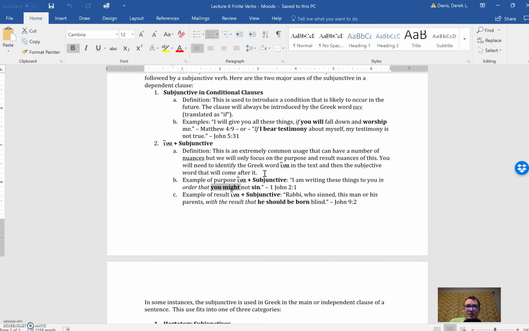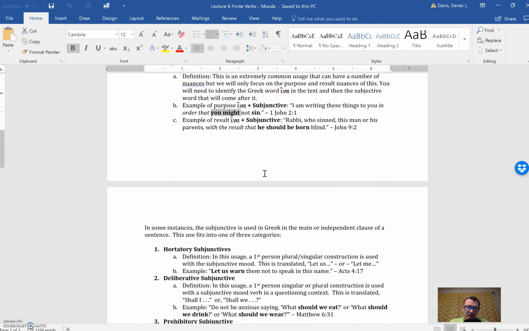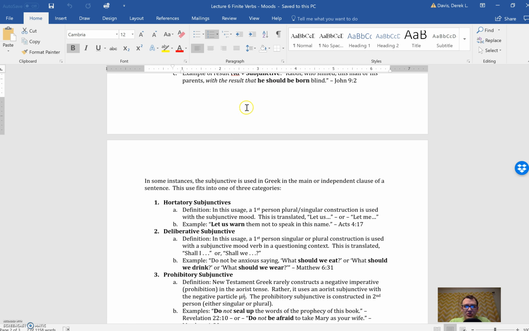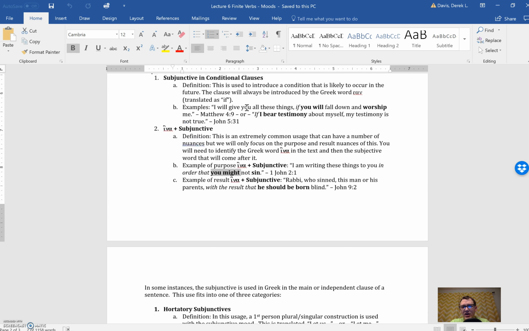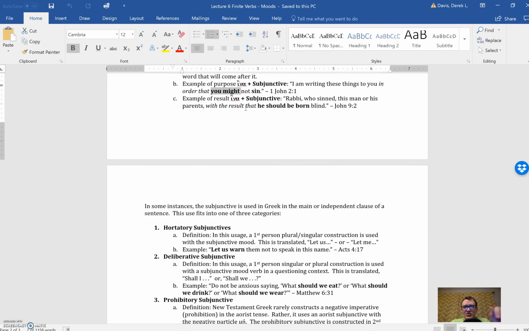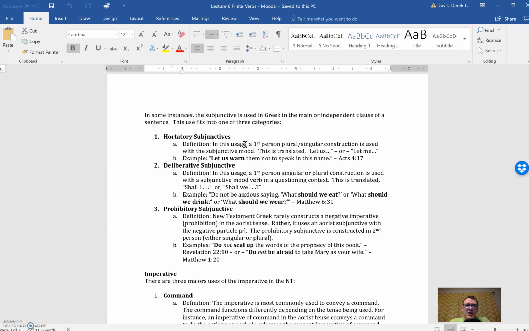That's the subjunctive when it's happening in a dependent clause. So let me show you some independent clause subjunctives. The hortatory subjunctive. This is the usage of the first person plural or singular to make some sort of proclamation or charge to a group to which the person belongs.